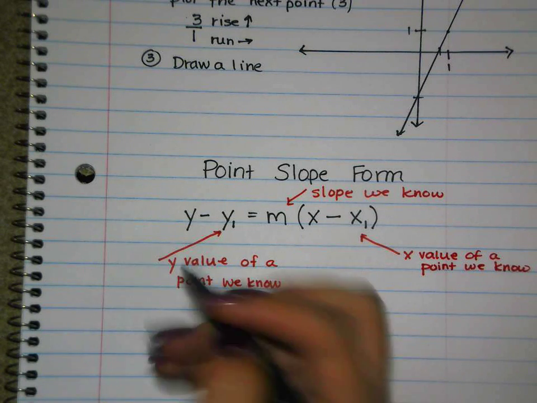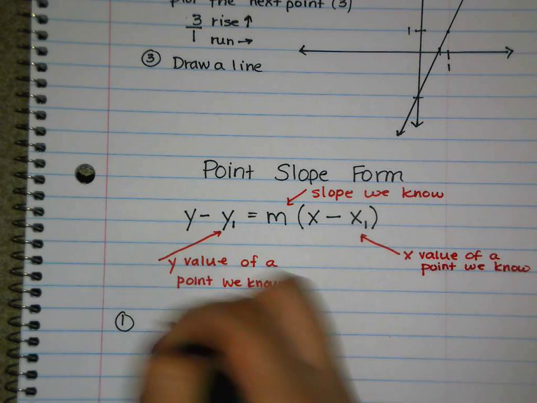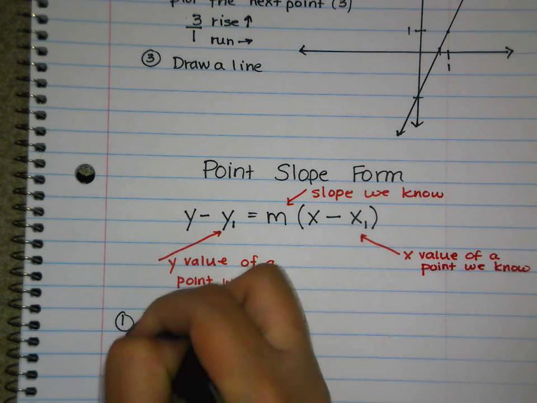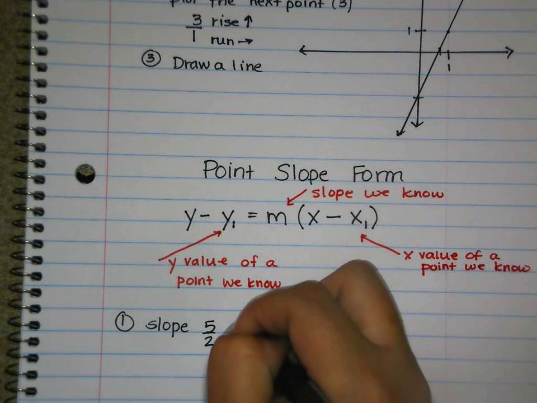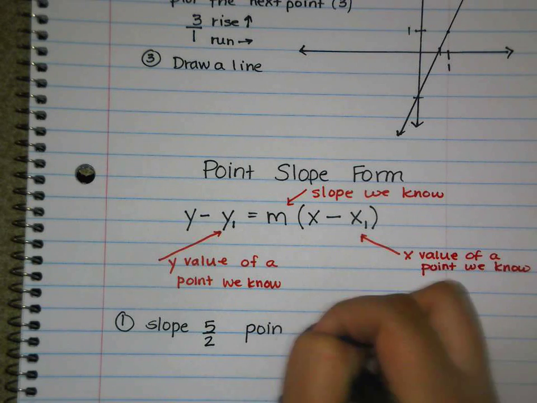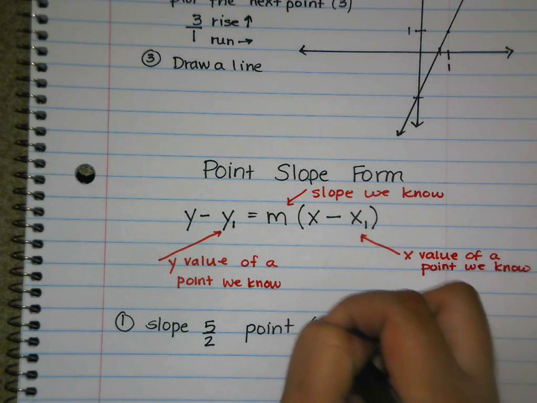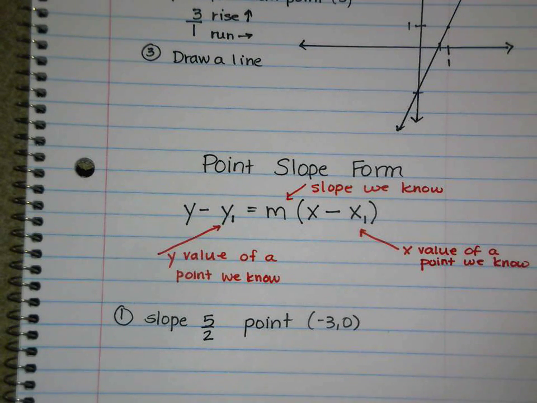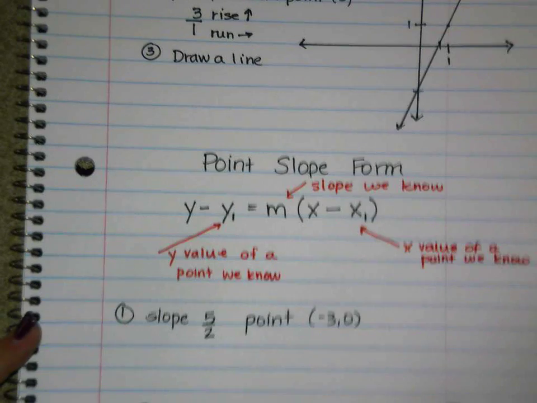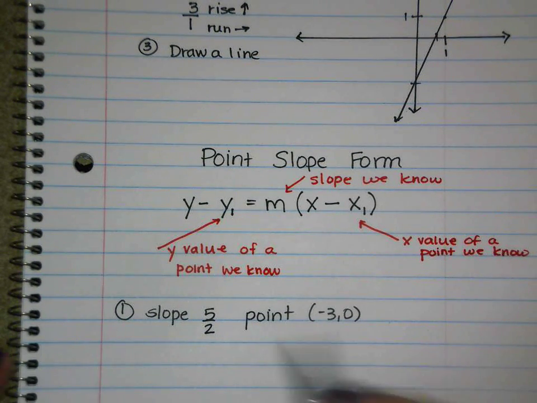Let me show you. Here's an example: slope 5/2, and on that line there's also the point -3, 0. Okay, there's a slope, there's a point. Let's find some kind of equation. Well, we're going to put that in point slope form. The directions are going to say leave it in point slope form.